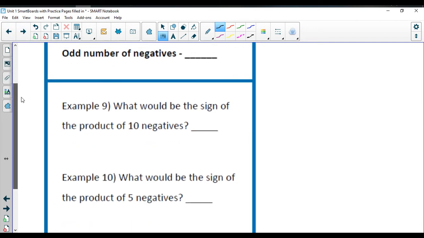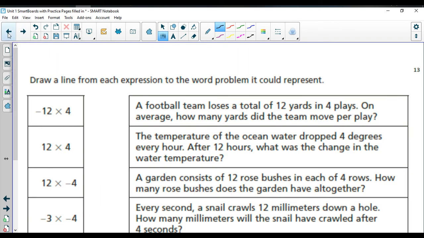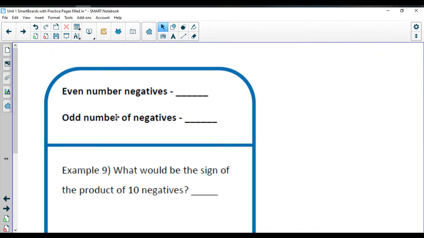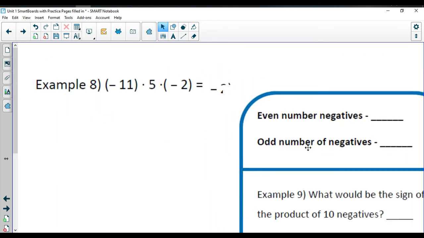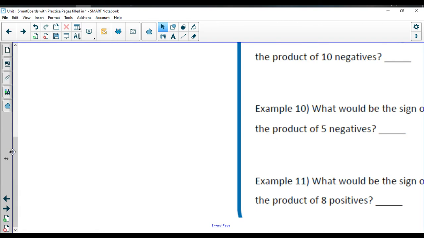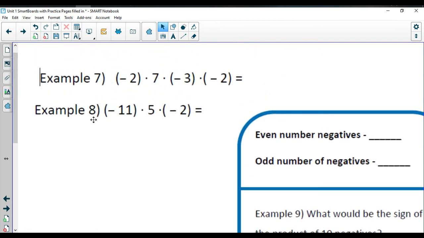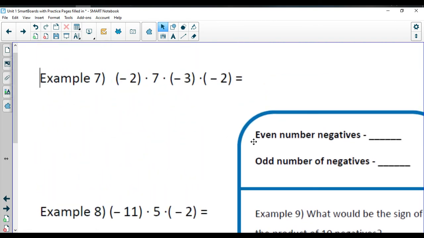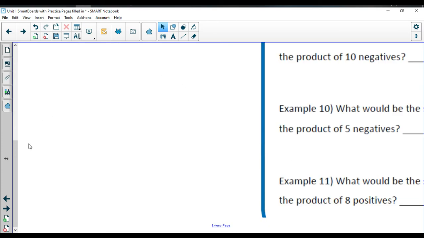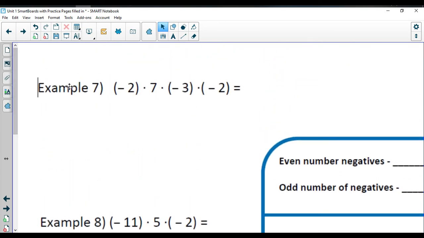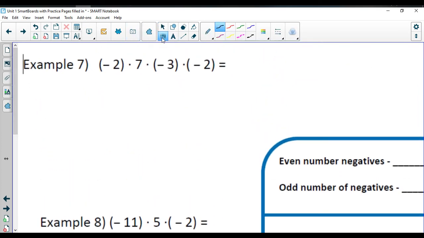In example number 7, which is missing here. Oh, here we go. So we have 8, and I believe 7 is hiding underneath. There it is. All right, so we're going to look at example number 7 here. And we have a whole bunch of different pieces. Since they're all multiplication, we're just going to work our way left to right.